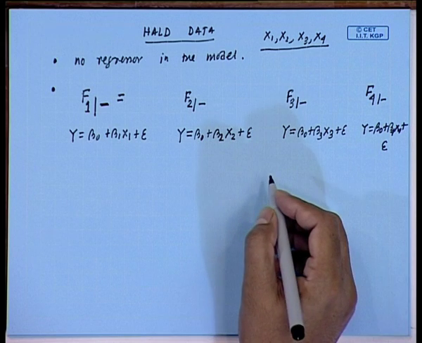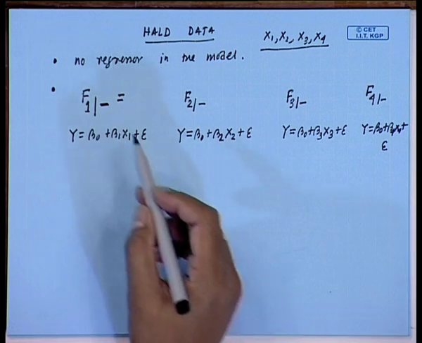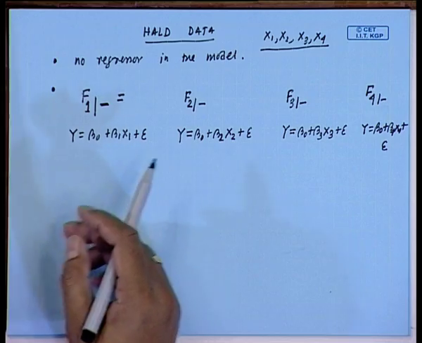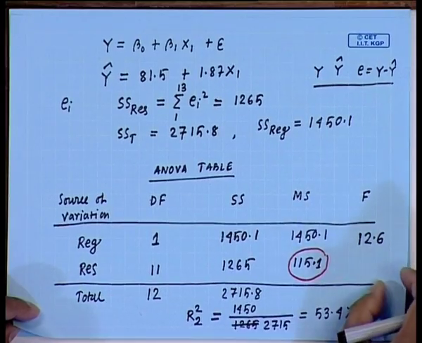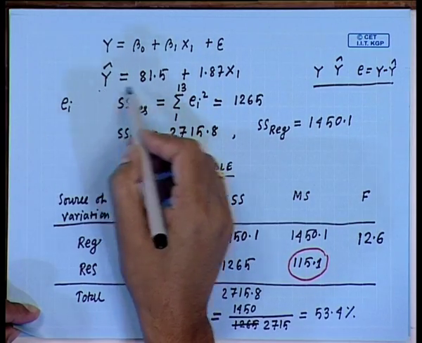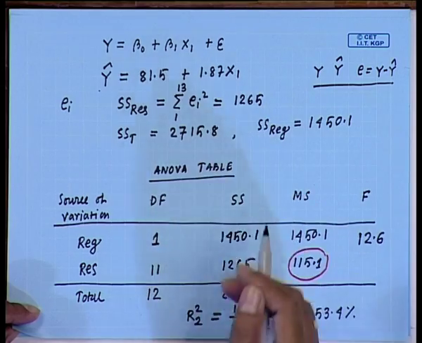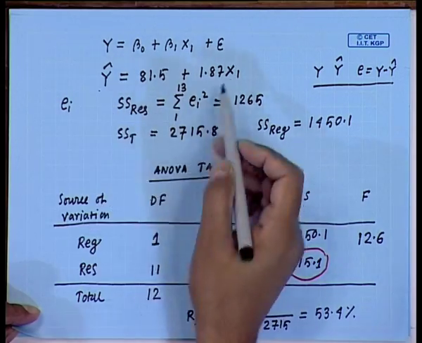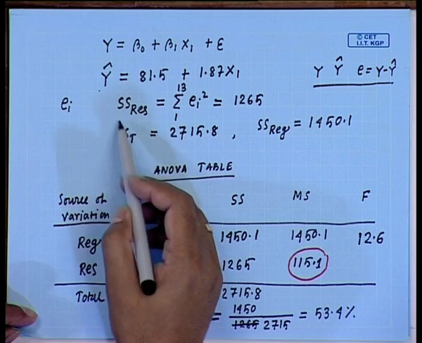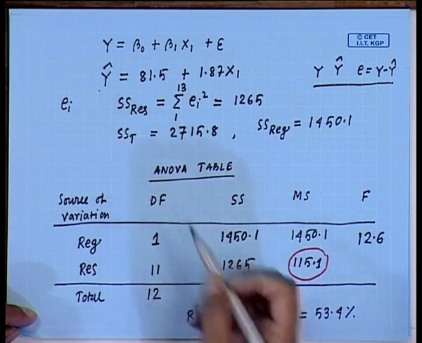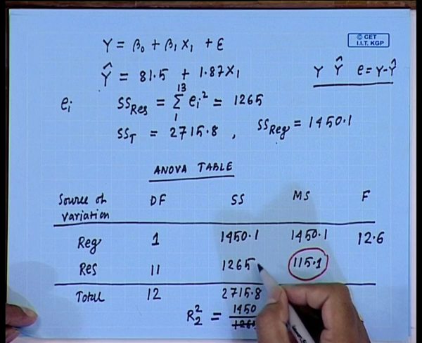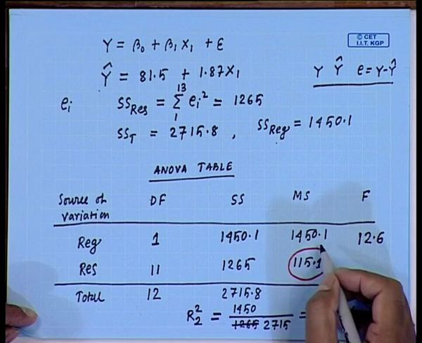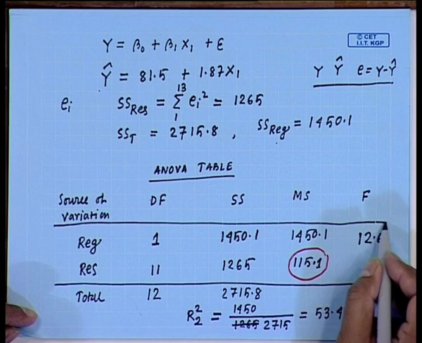So, how to get this value? I have this ANOVA table for this model. This is the fitted equation for the Hald cement data. Once you have the fitted value, you compute the SS residual, the SST, and then the SS regression value, and then you have the F statistic.